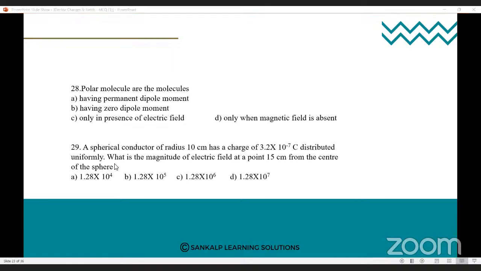So question number 29. A spherical conductor of radius 10 centimeter has a charge distributed uniformly. What is the magnitude of the electric field at a point 15 centimeter from the center of the sphere? So you have to calculate the electric field. A spherical conductor of radius 10 centimeter.